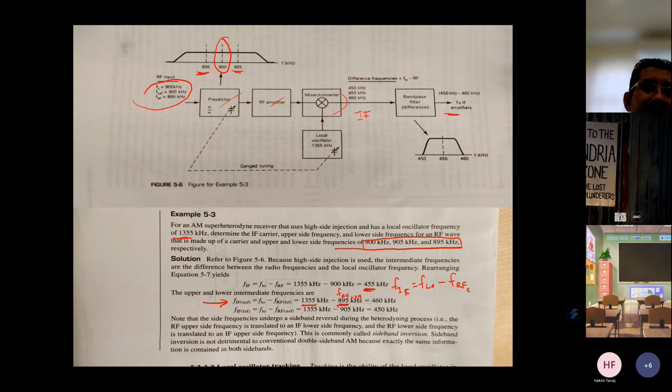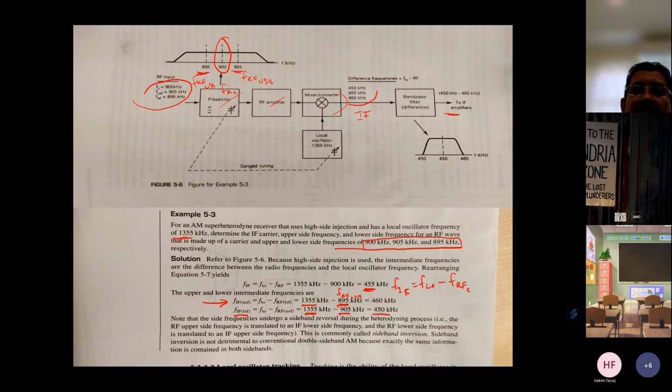LSB yang ni, this is FRF LSB. USB yang tengah ni adalah FRF center. Okay, and then yang ini untuk mencari FIF lower sideband, dia adalah FLO minus FRF upper sideband. So kita dapat 450 kHz.